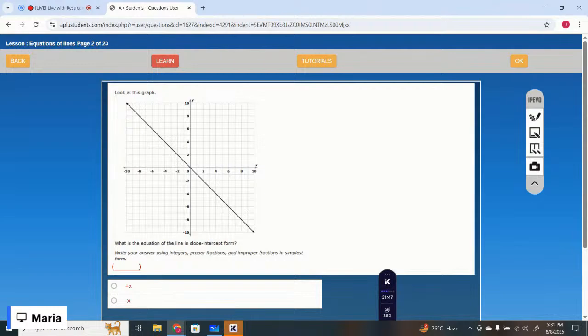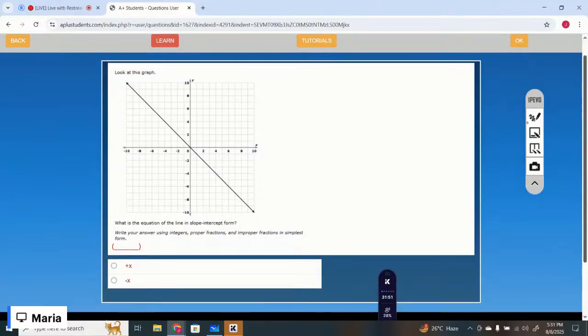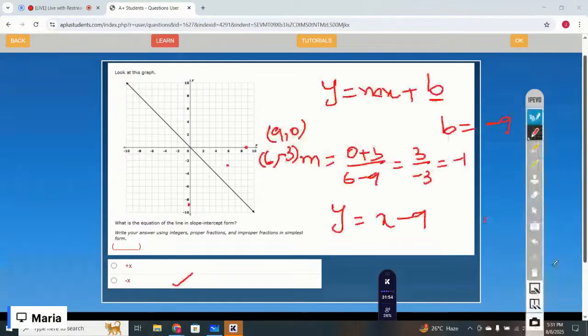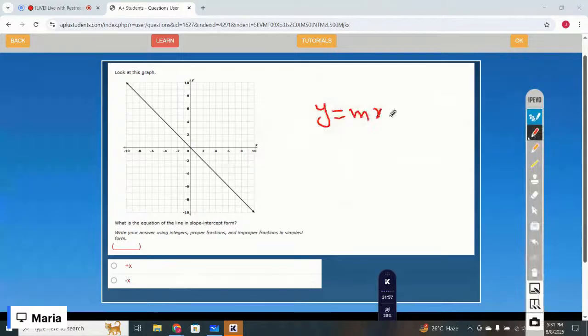Look at this graph. What is the equation of the line in slope-intercept form? The slope-intercept form is y equals mx plus b. We need to find the b, and the line passes through the origin. So b is 0, slope is 1.